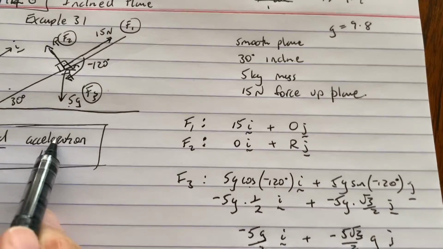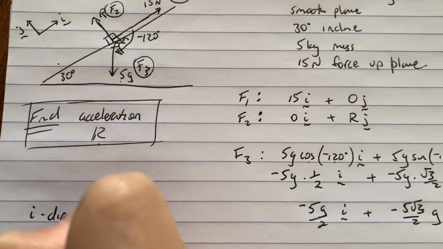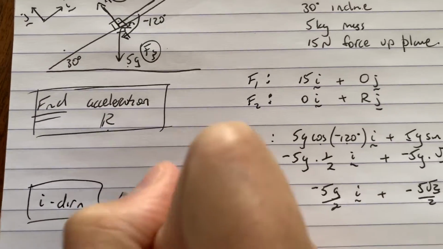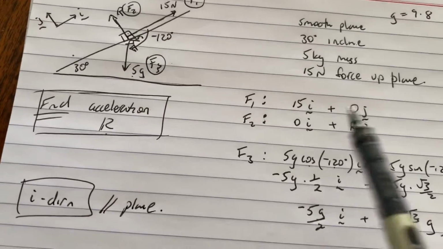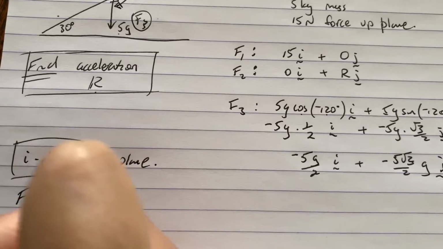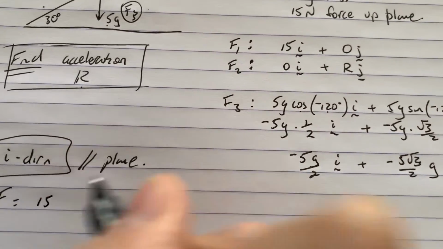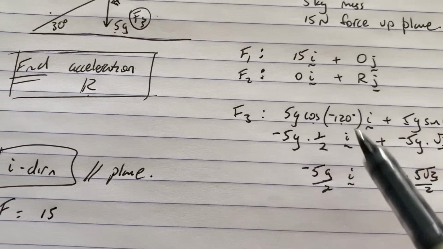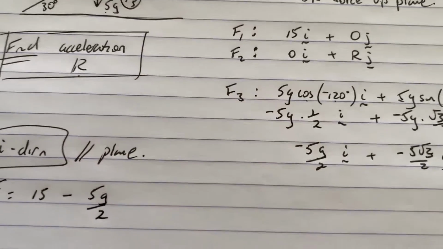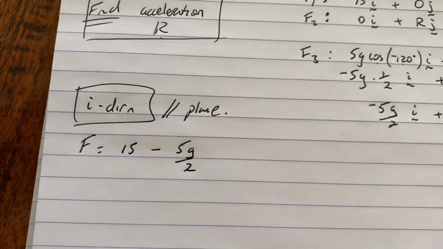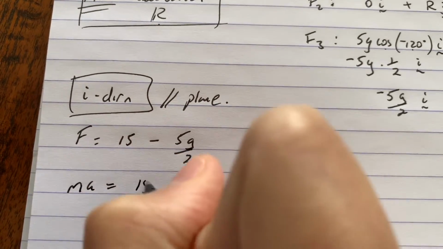So to find acceleration and R, let's do acceleration first. We're going to talk about the I direction. What's happening parallel to the plane? Now let's just look, what forces do we have? We've got 15 newtons, or 15 i, 0 and negative 5g on 2. Now, of course, force is mass times acceleration.